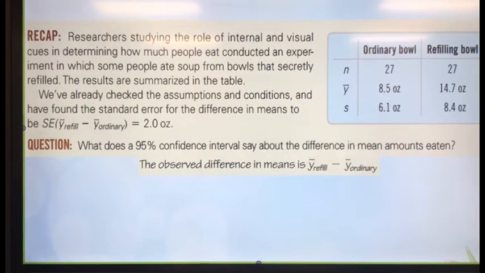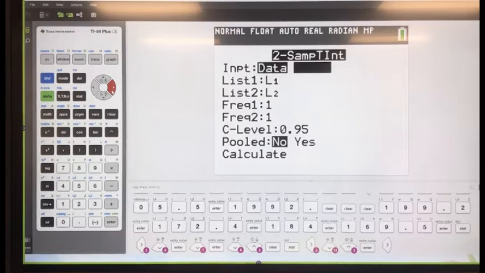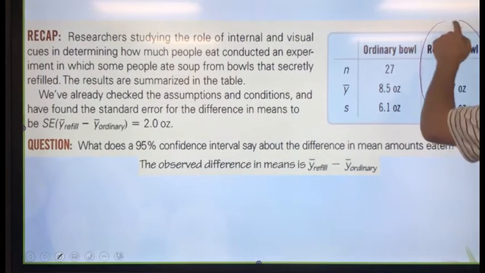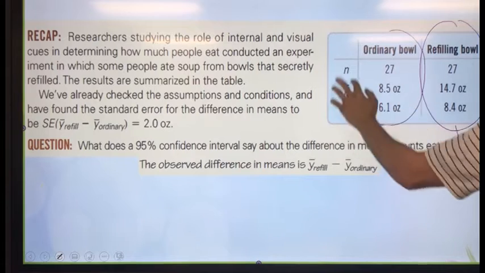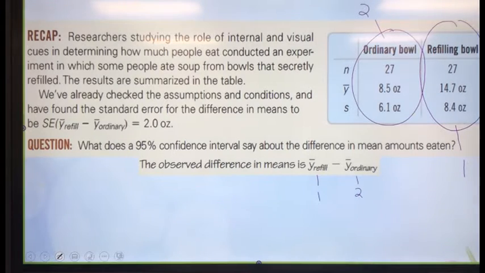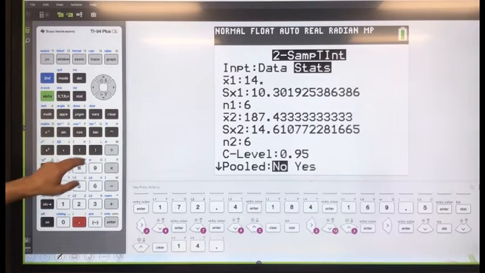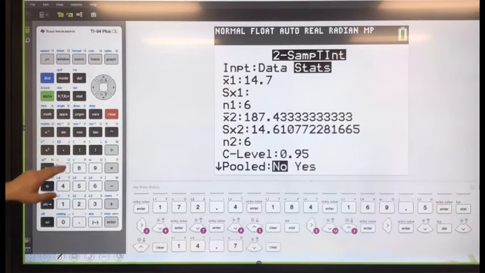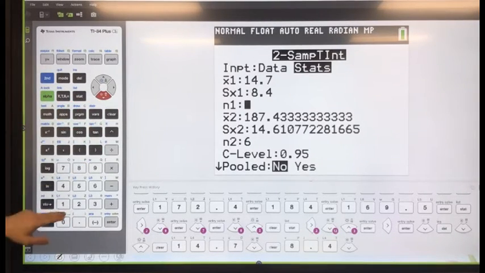It already gives us all of our stat information. So I'm going to go to stats, hit enter. This is going to be my first, this will be my second, because your 1 and 2 work like this. So my mean is going to be 14.7, standard deviation 8.4, and my size is 27. We're number 1. So 14.7 with a standard deviation of 8.4 and a sample size of 27. And my 2 has a mean of 8.5.